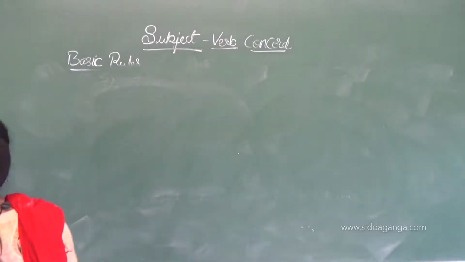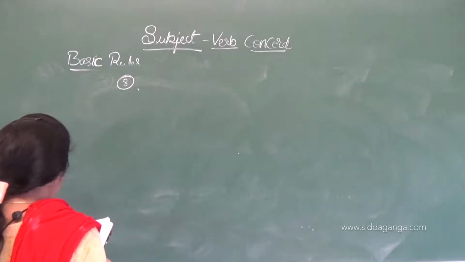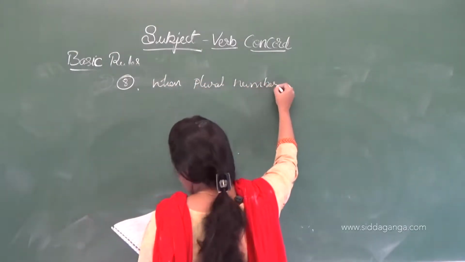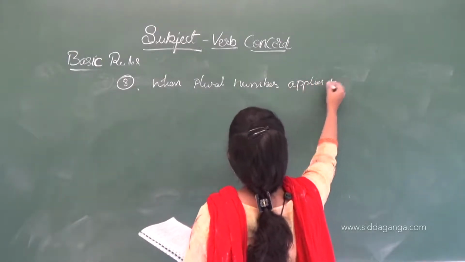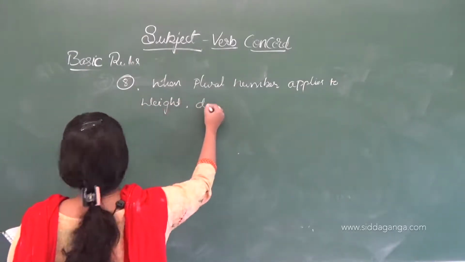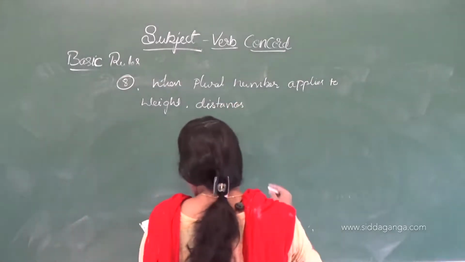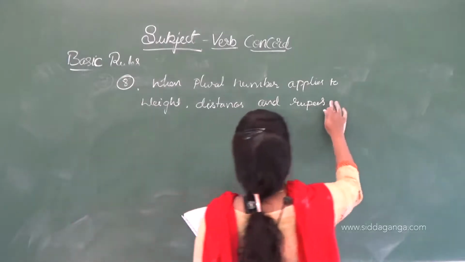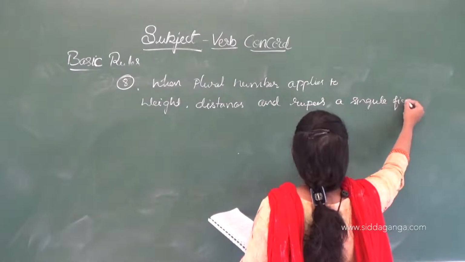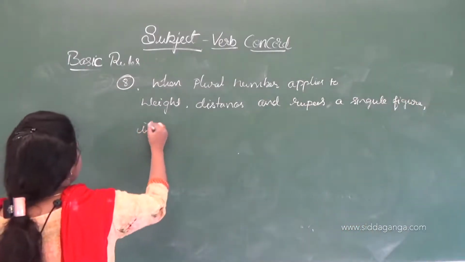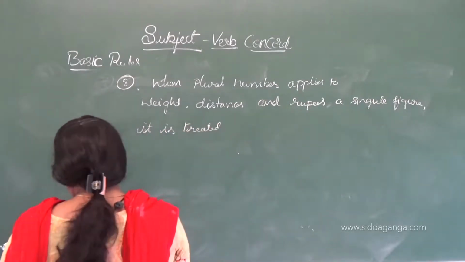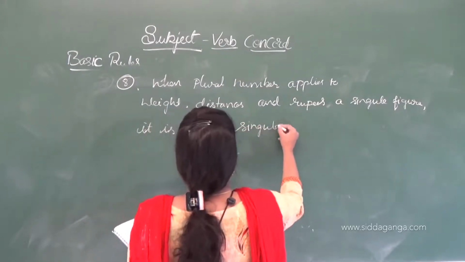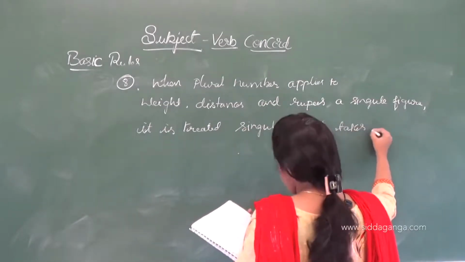The last rule, that is the eighth rule. When a plural number applies to weight, distances and rupees, a single figure, it is treated as singular and it takes a singular verb.